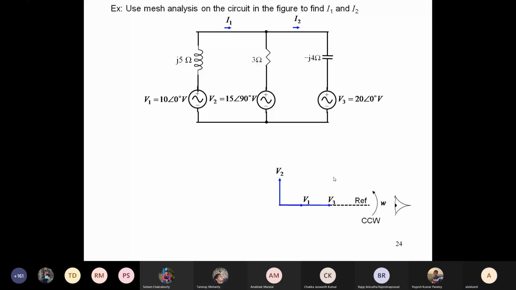And what is I1? Sir, I1 is 4.86 angle 195.43. If you consider the negative angle, what is the value?